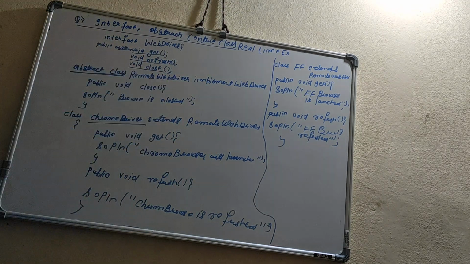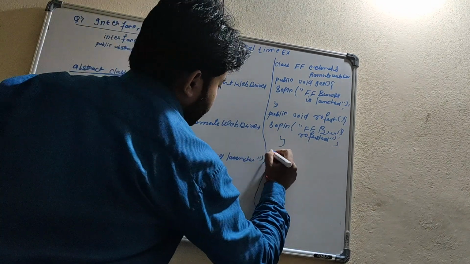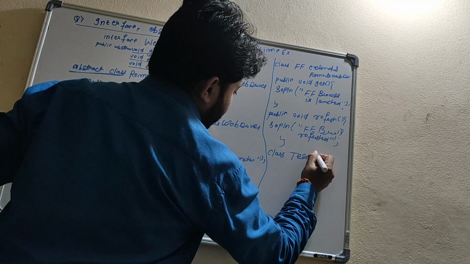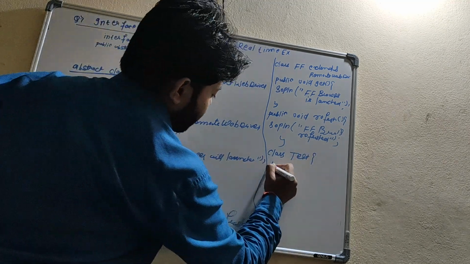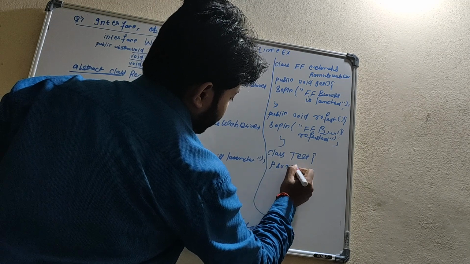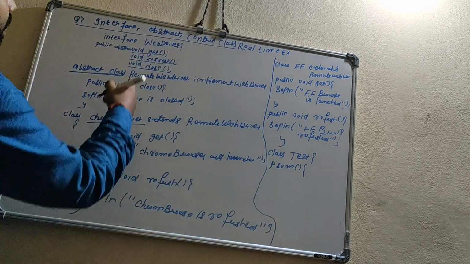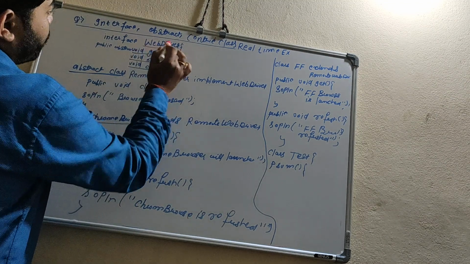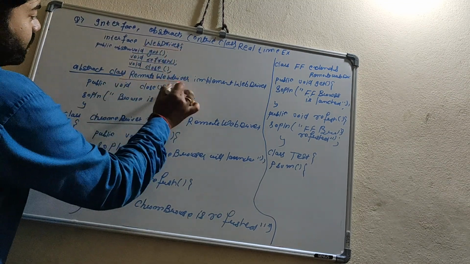Then how to execute this code? We will take one more class, called Test. Here we have a main method, public static void main. We cannot create an object of an interface or abstract class.